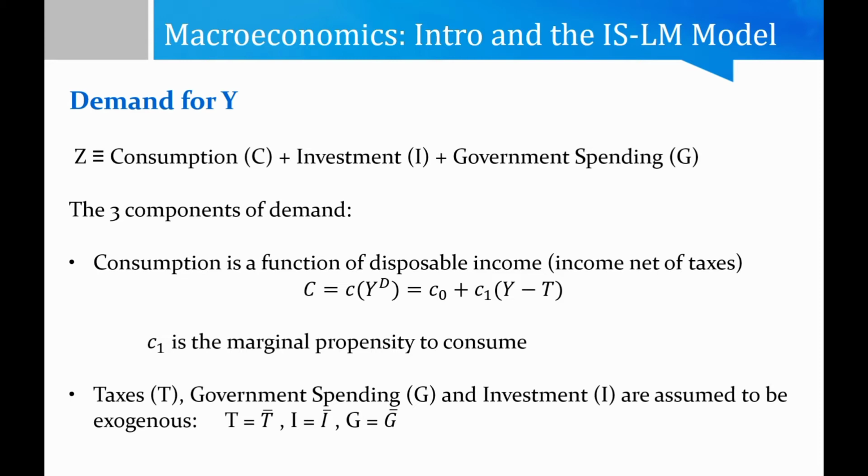Or in linear form, C is equal to C sub O plus C sub 1 times the quantity of Y minus T, or the disposable income, where C sub O in the equation is the autonomous consumption, while C sub 1 is the induced consumption, or consumption that is dependent on disposable income, and it is also called the marginal propensity to consume.